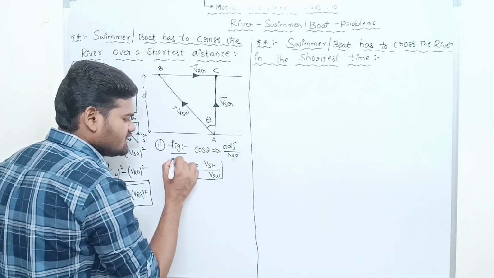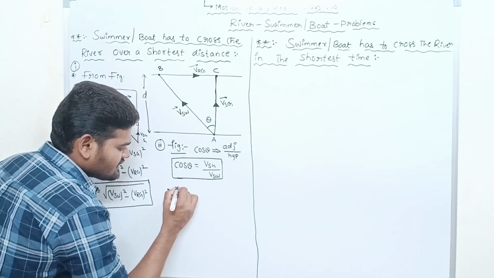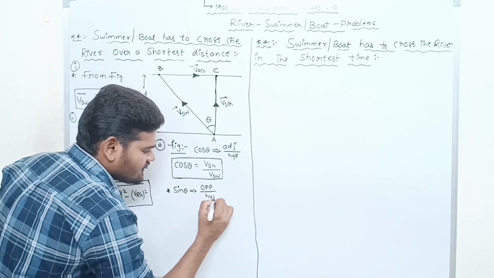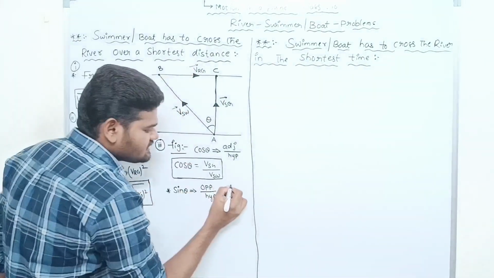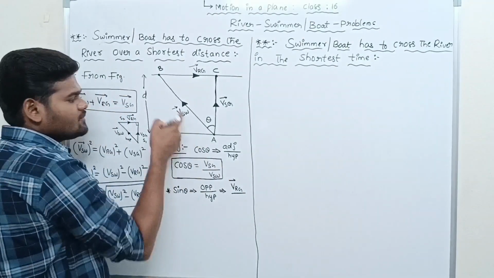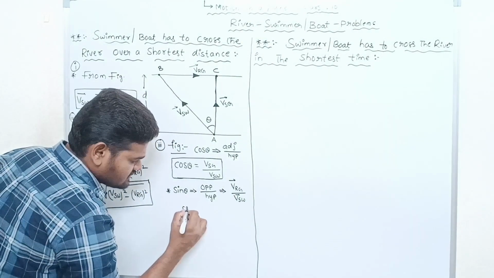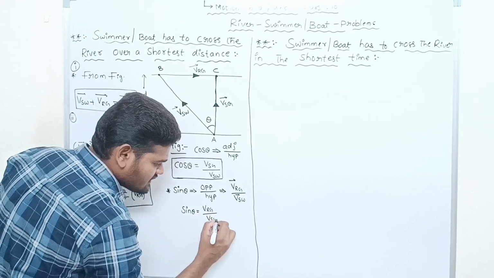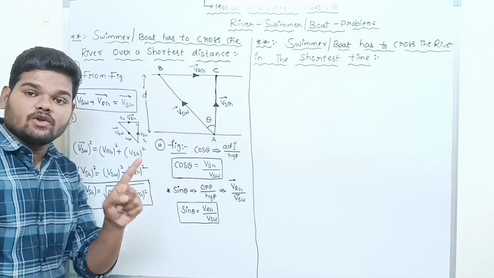So cos theta equals VSG by VSW. Again, sine theta is opposite side by hypotenuse. The side opposite to angle theta is VRG, velocity of river with respect to ground, divided by the hypotenuse VSW. So sine theta is equal to velocity of river with respect to ground divided by velocity of swimmer with respect to water.